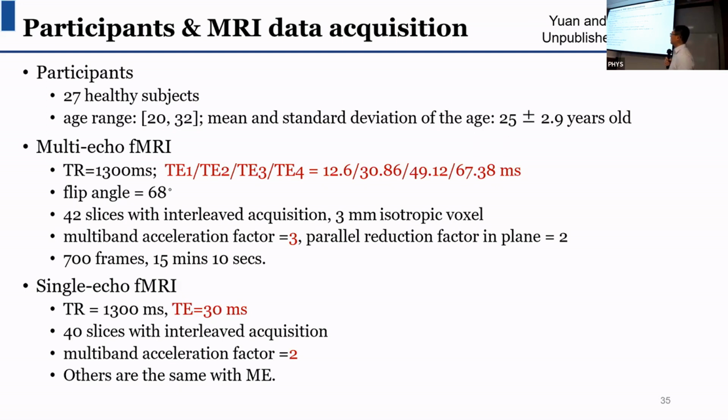Then we ran the same subjects again with a single echo functional MRI, which is an independent scan. In this case, we only changed the TE value to 30 milliseconds and the simultaneous multi-slice acceleration factor from 3 to 2. Everything else is the same, so hopefully we get a fair comparison between these two scans.